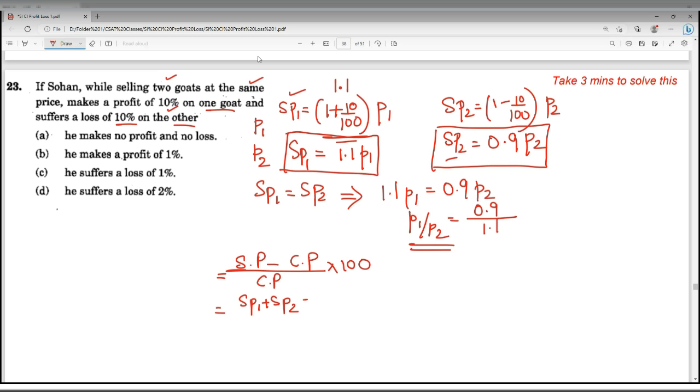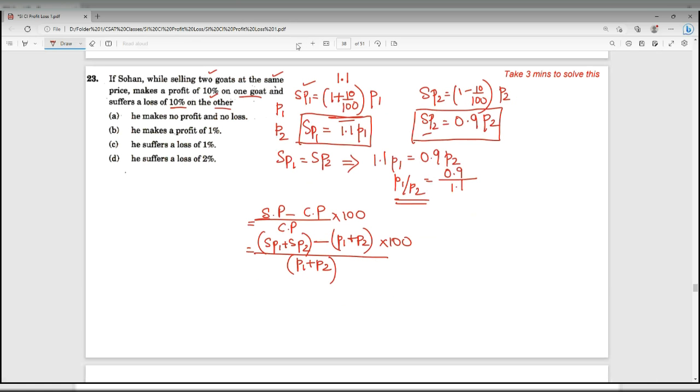The cost price is P1 plus P2, the cost price of the 2 goats. Now I'll separate this denominator: SP1 plus SP2 divided by P1 plus P2, minus 1, into 100.